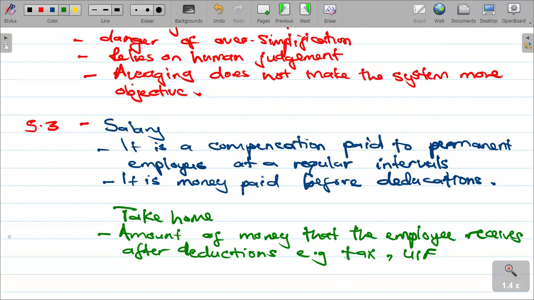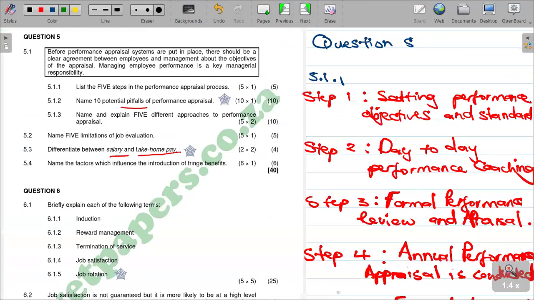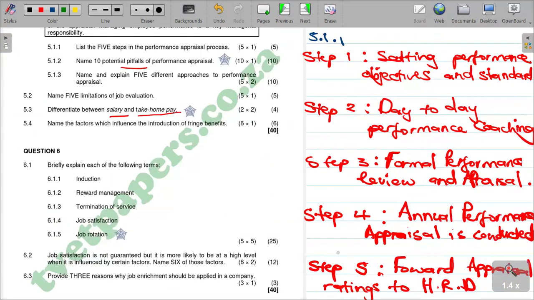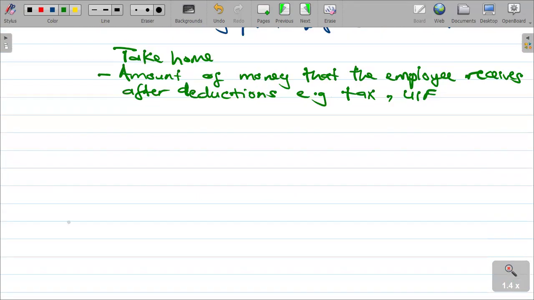So let's go to 5.4. Name the factors which influence the introduction of fringe benefits. What factors influence the introduction of fringe benefits?